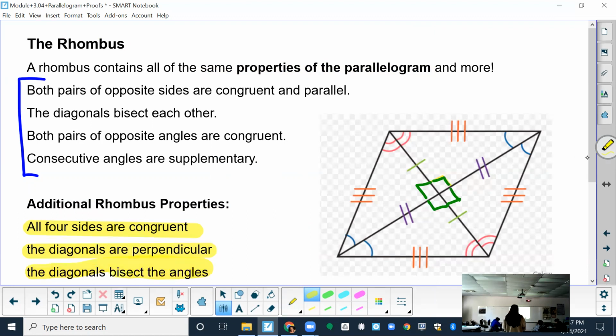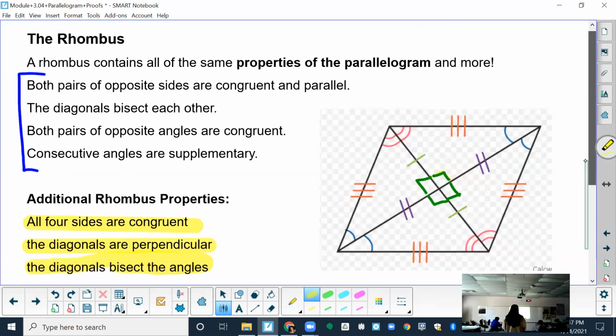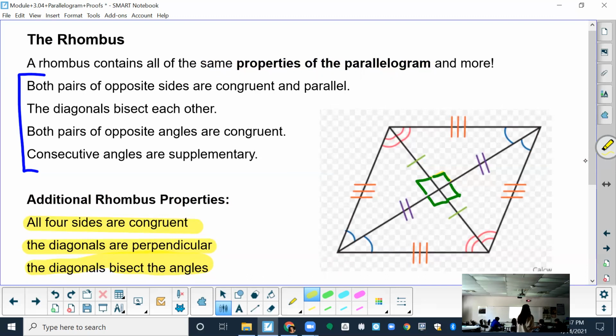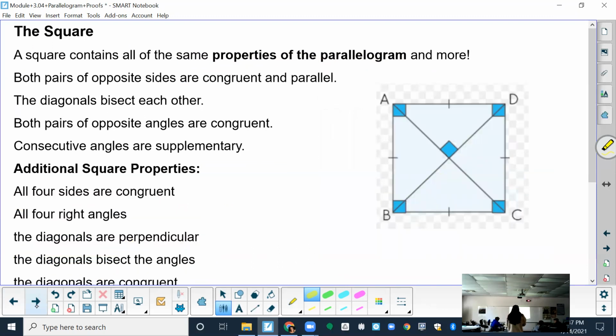The more additional properties something has, the more specific it is. So if it's just a few properties like parallelograms, then those are more broad, more stuff fits into those categories. Then we have squares, which are super specific. All 4 sides are congruent, all 4 right angles.